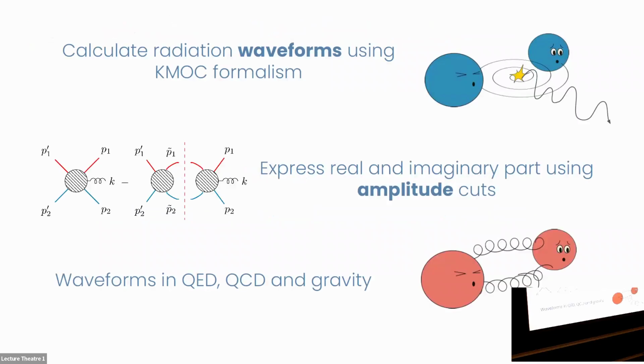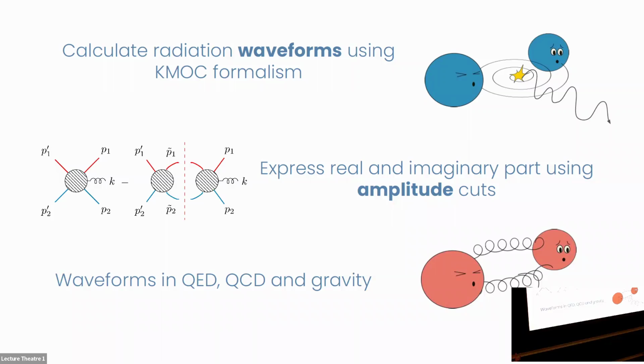Okay, so I'm just going to sum up. We can calculate these radiation waveforms using this KMOC setup, and we can calculate it for QED or QCD or gravity. We split it into a real part and an imaginary part that have different physical meanings.